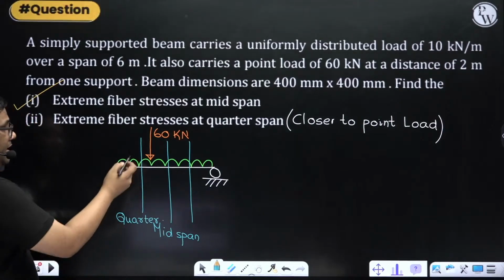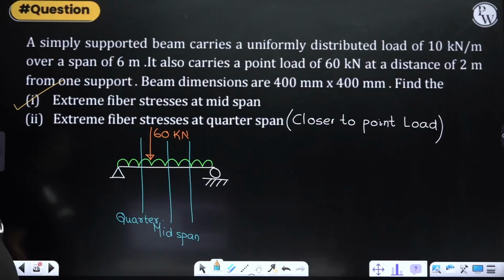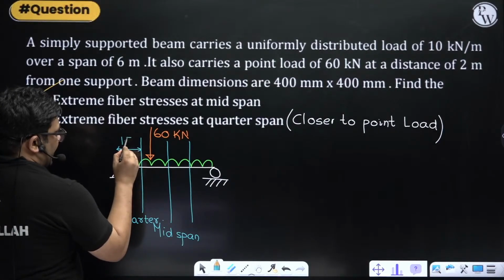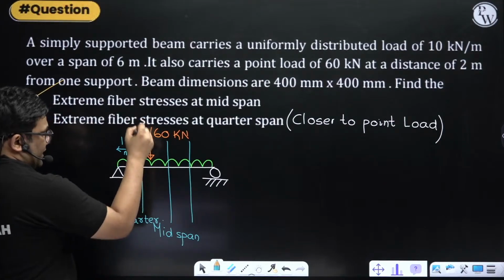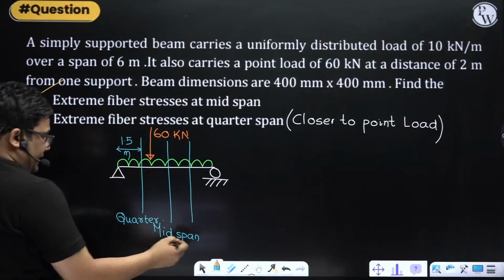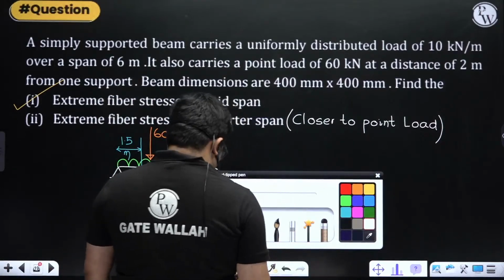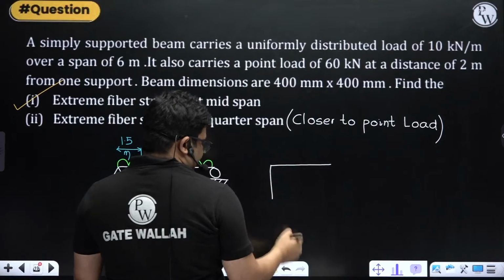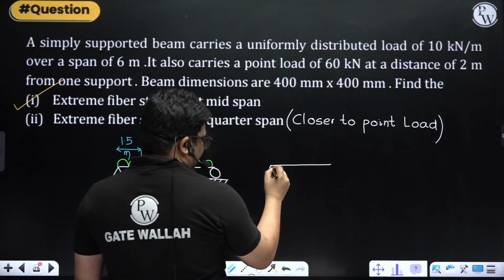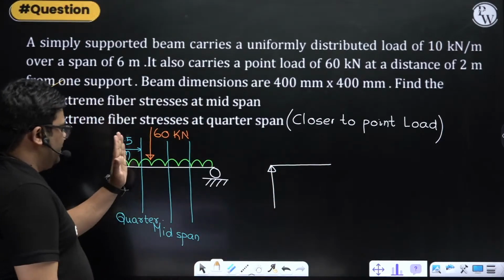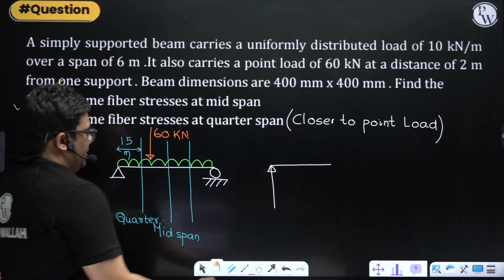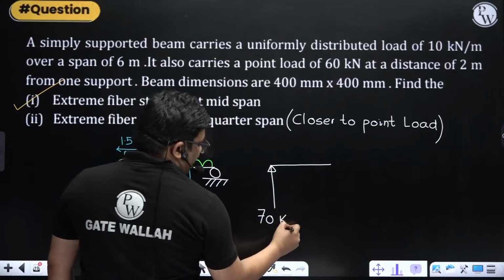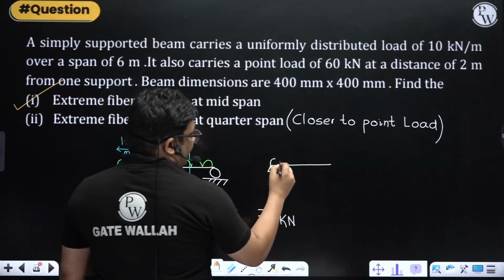To find this, I will cut a section here at 1.5 meter, since quarter span means L by 4. I'm seeing from this side. The reaction was actually 70 kilonewton, and this is 1.5 meter.